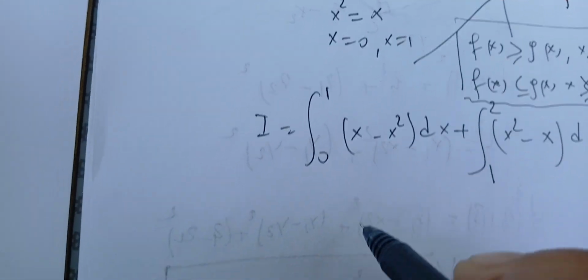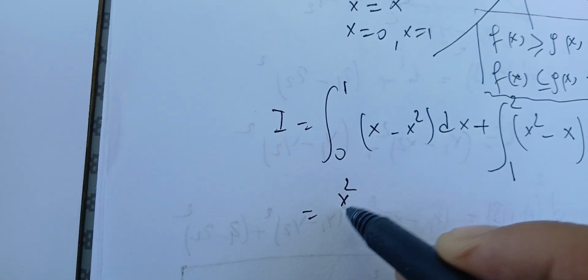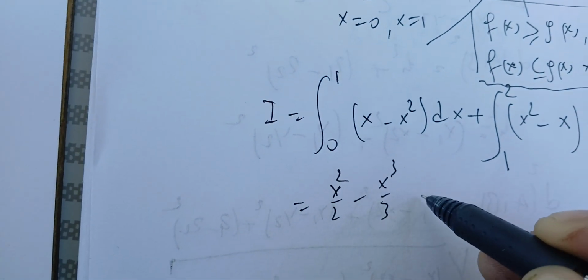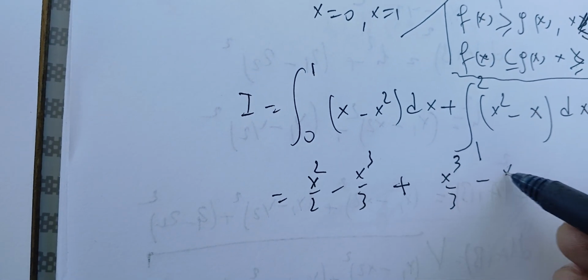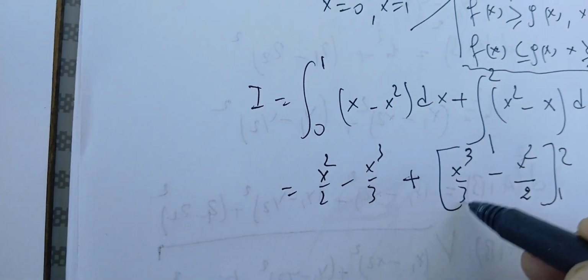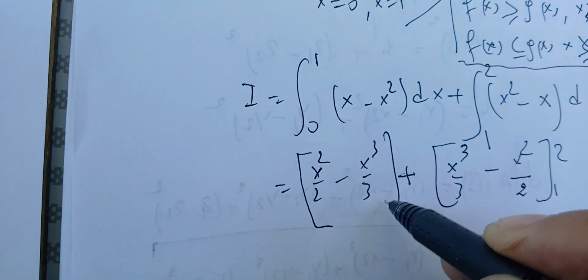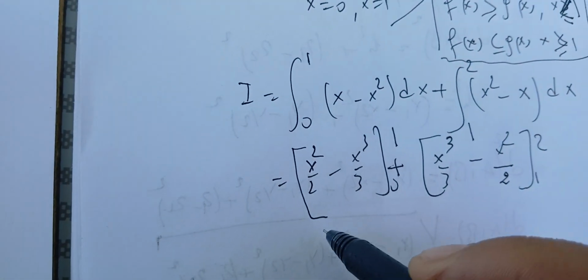Now we can evaluate simply. Here we have x squared over 2 minus x cubed over 3 plus x cubed over 3 minus x squared over 2, between 1 and 2 here, and between 0 and 1 here.